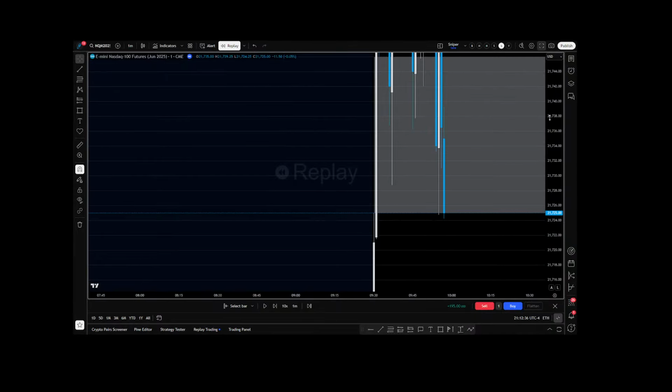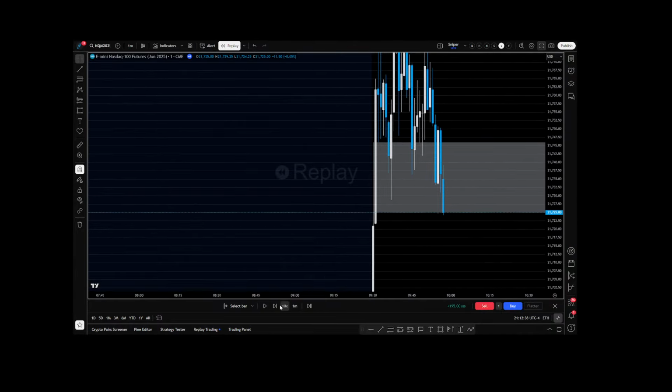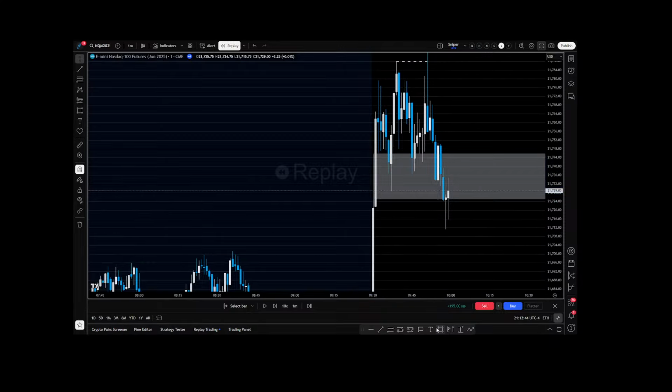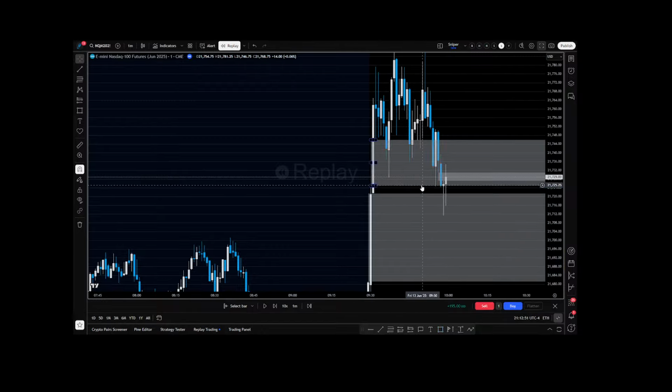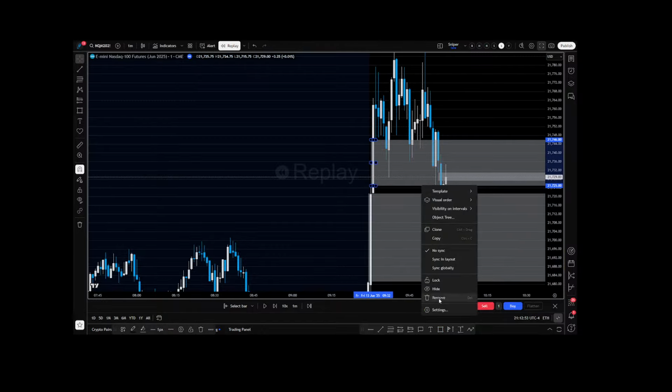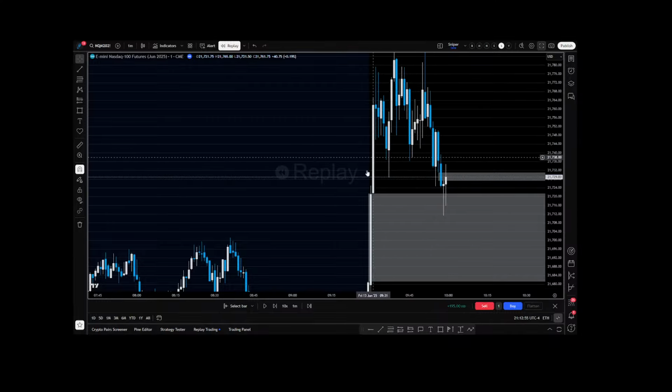This is right at the edge, so this fair value gap is still holding. Yep, still holding. Now we have this bearish fair value gap as well there. So I'm going to remove this for visual sake, but this is still an active bullish fair value gap.